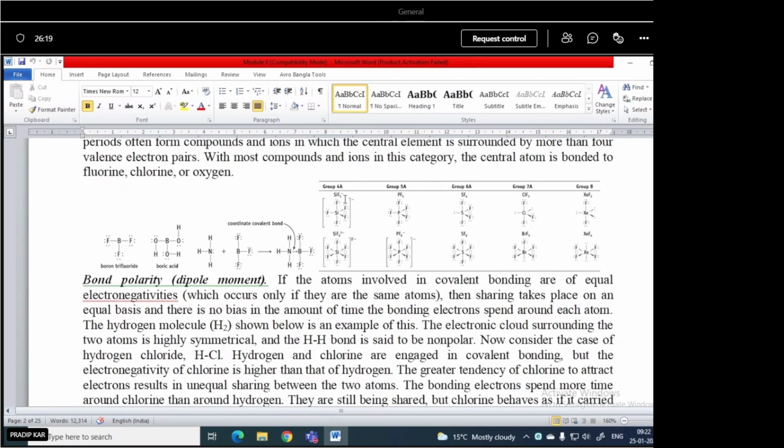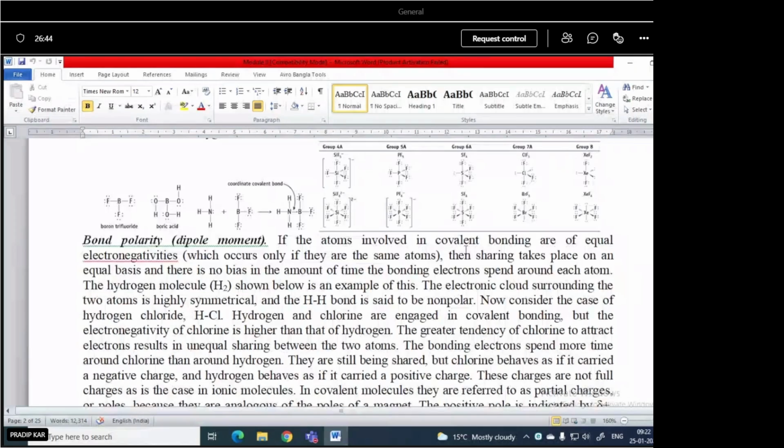Yes, sir. And that is why it should be 8, but it is 10. So more than octet number of electrons or less than octet number of electrons may be present. But those are the exceptions, very few compounds having those. Is it clear? Yes, sir.